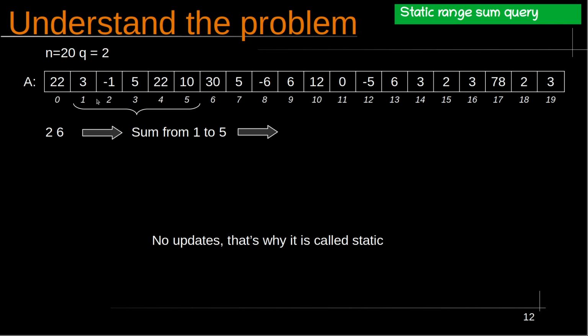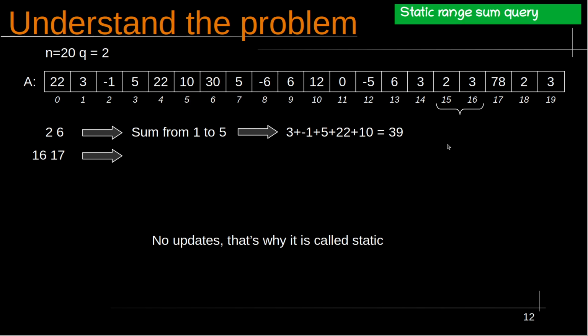From 1 to 5 we have, as you see here, 3 plus minus 1 plus 5 plus 22 plus 10. It gives me 39. Another query, for example, here from the position 16 to 17.